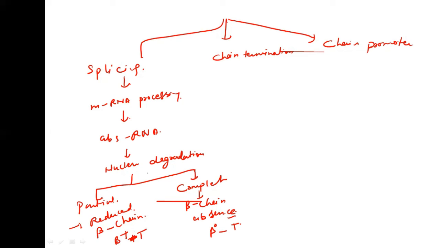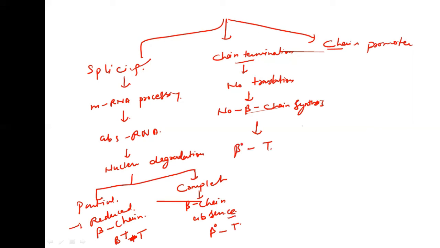So three types of mutations: splicing, chain termination, promoter, right? Now, in case of chain termination, there is no translation and there is no beta chain synthesis. That will again lead to beta O thalassemia.